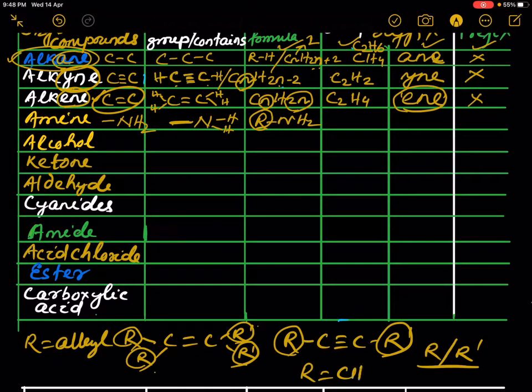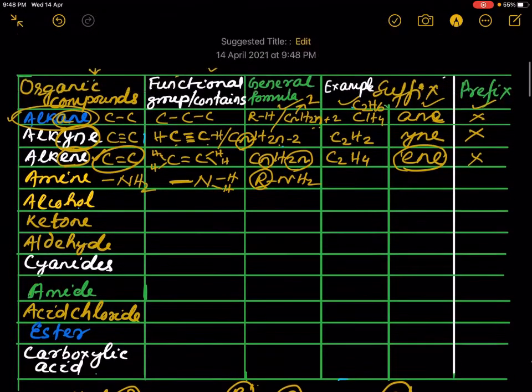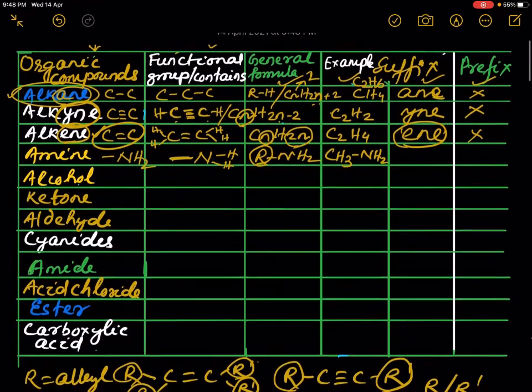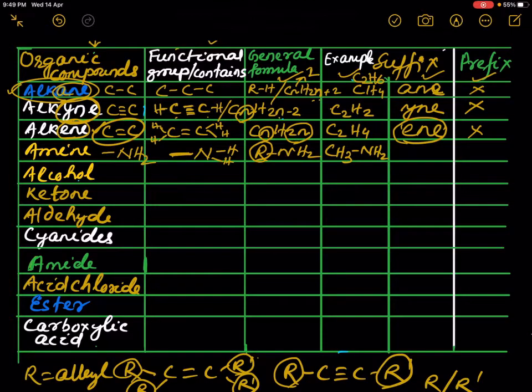R may be CH3 or C2H5, etc. If R is methyl group, then CH3NH2 can be an example. And for amine, the suffix is amine and the prefix is amino.